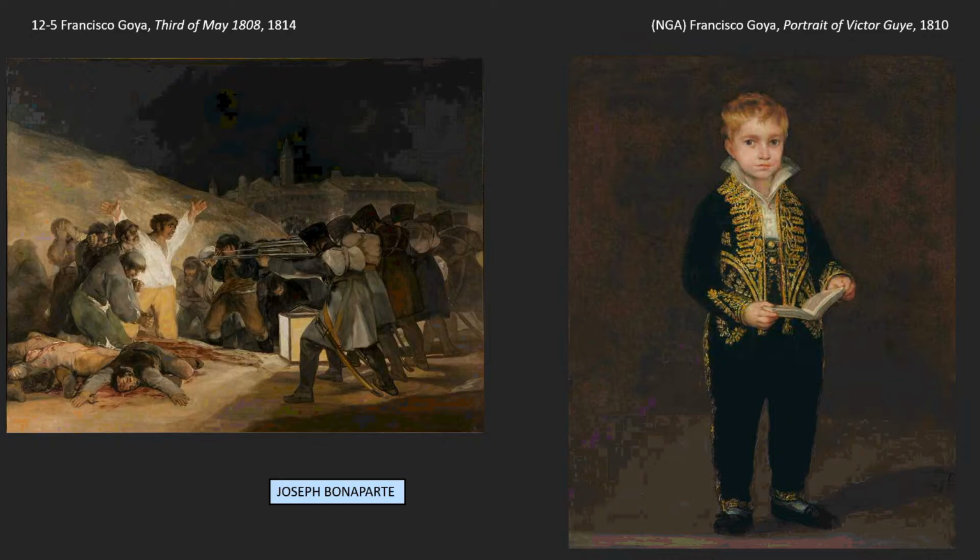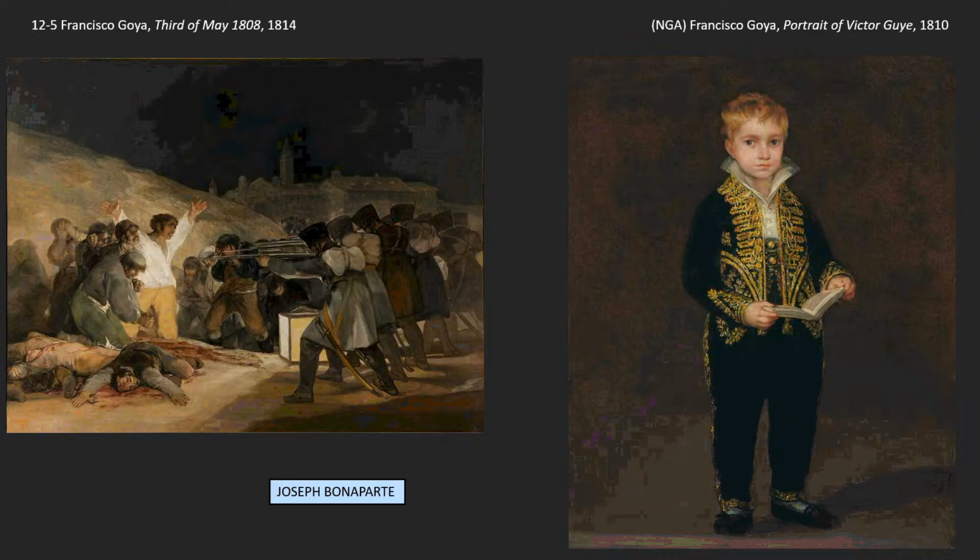They restore Carlos' son, Ferdinand, to the Spanish throne. This is the beginning of the end for Napoleon. This is the beginning of the push that will end in 1815 at the Battle of Waterloo in Belgium. The defeat of Napoleon, because he pushed himself too far.